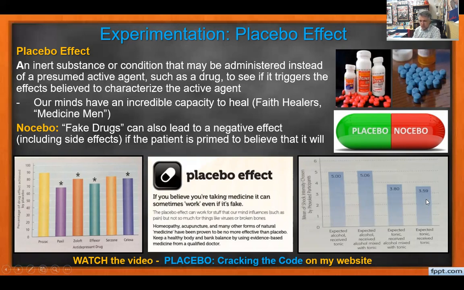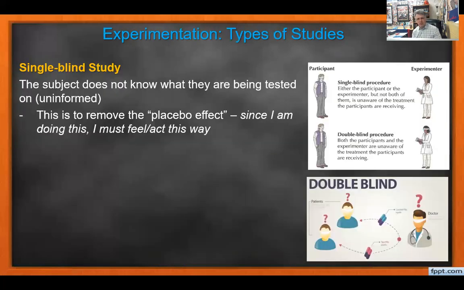These people expected tonic water and received tonic. So they had no alcohol, they had alcohol, but they weren't expecting it. And notice both of them were a little bit more reserved than these people. So the person who got alcohol had less aggression than the person who expected alcohol but didn't get it. This is all the placebo effect.